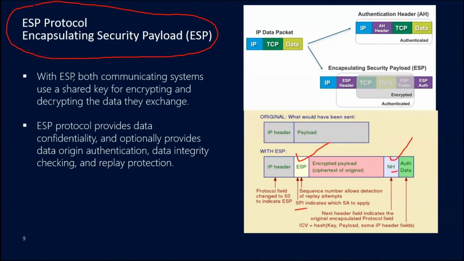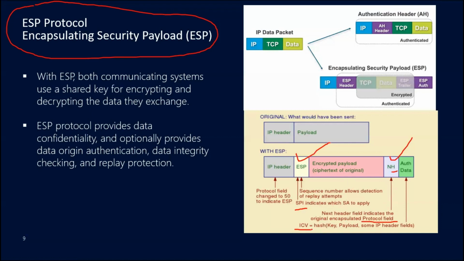SPI is the Security Parameter Index, an index number indicating which security association is going to apply. So this header would contain these two things, and the next header field indicates the original encapsulated protocol field.